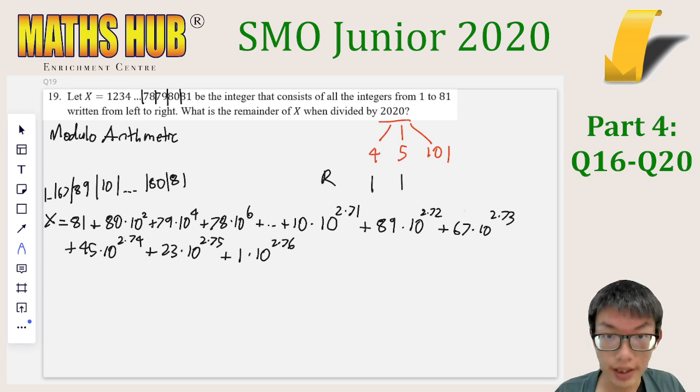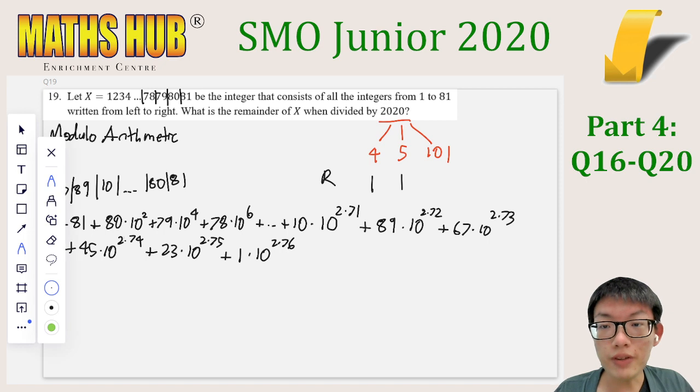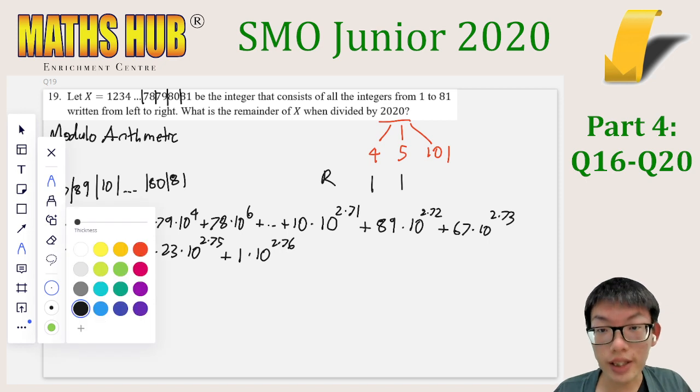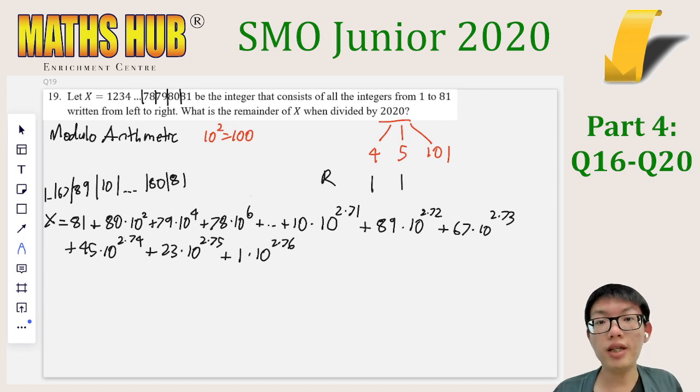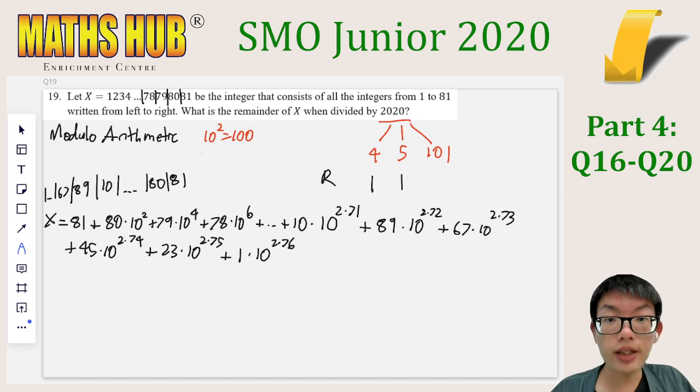And here's why. We notice that 10 squared is 100. And so when we are doing things modulo 101, it means that we can add or subtract any multiple of 101. And that includes subtracting off 101 from 100 to make it -1.